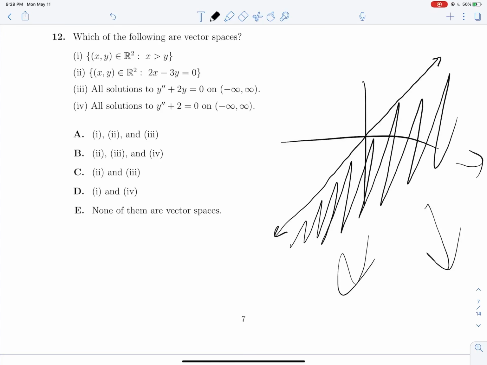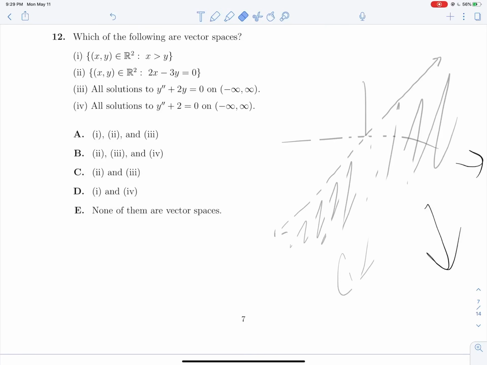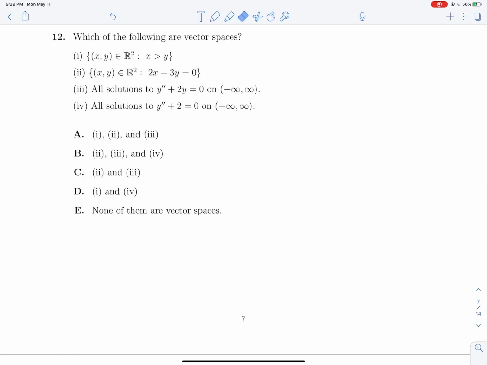Because what about 0, 0? 0 is not greater than 0, so the origin is not included in this subspace, and as a result, this guy cannot be, sorry, I said subspace, I meant vector space. This guy cannot be a vector space.